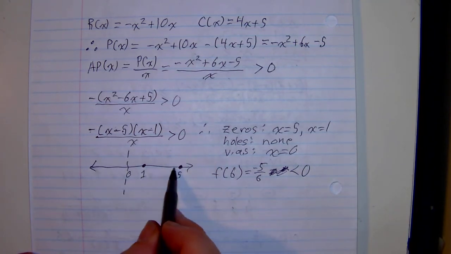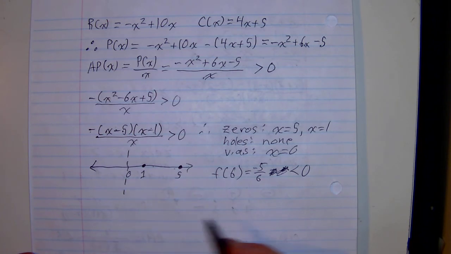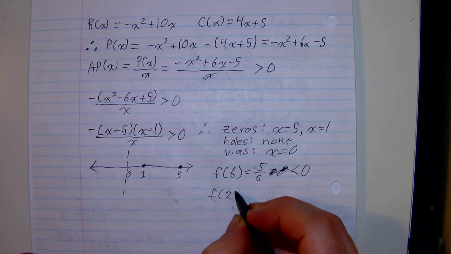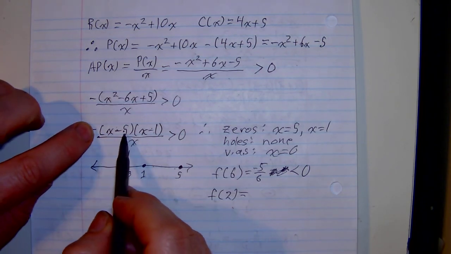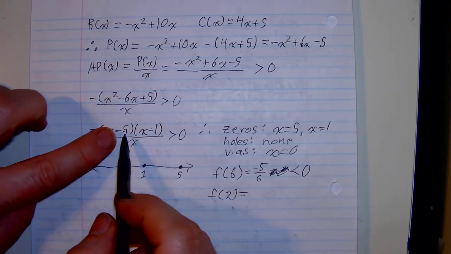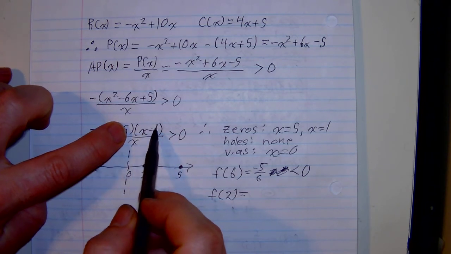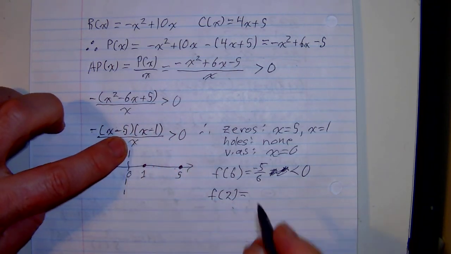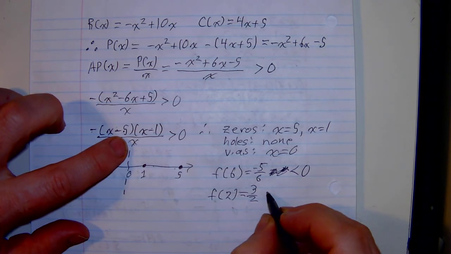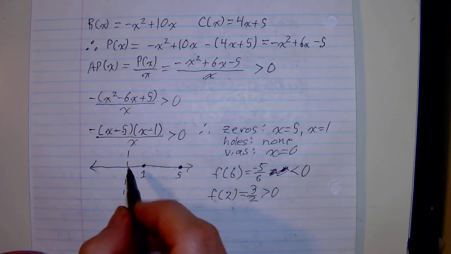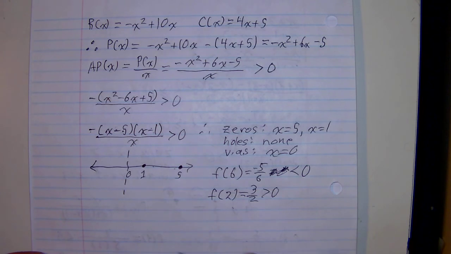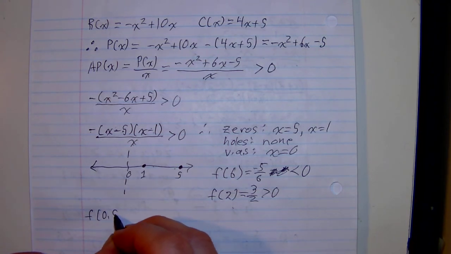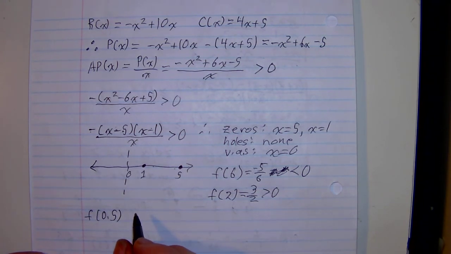Then we can pick between 1 and 5. Well, 2 is the closest integer to 0 in there, so I'm going to calculate f of 2. So we've got negative 2 minus 5 is negative 3 times negative is positive 3. 2 minus 1 is 1 times positive 3 is 1 over 2 gives us 3 over 2, which is greater than 0. And then between 0 and 1 there are no integers, so we're going to have to pick a decimal. So I'm going to pick 0.5 or 1/2.